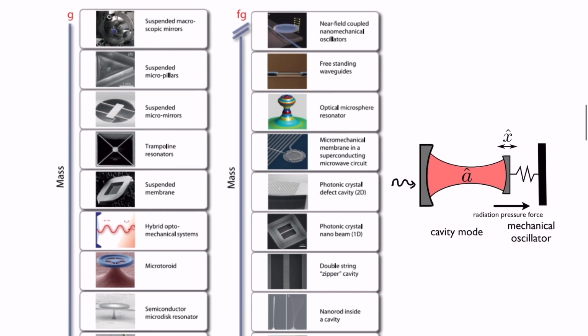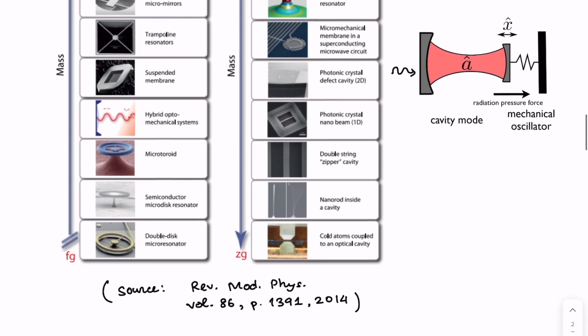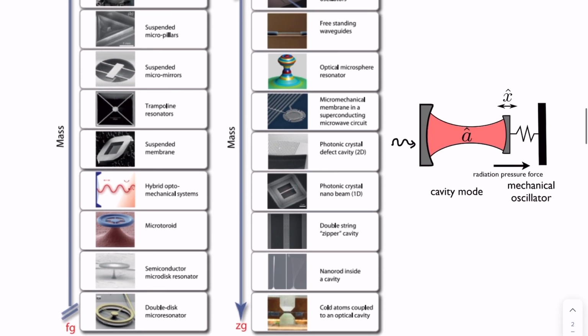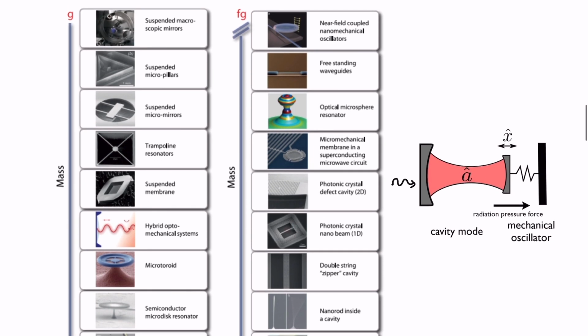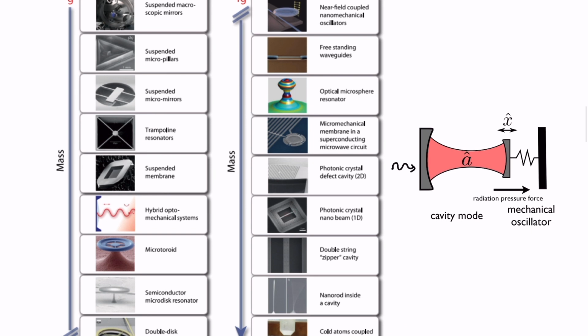For example, this figure, which I have taken from Reviews of Modern Physics, a review article on cavity optomechanics, shows very different looking systems, with masses ranging from gram to femtogram, and further from femtogram to zeptogram. That means about 10 to the power minus 21 gram or so. That kind of variety of systems can be captured by this simple looking model of two mirrors, one fixed and another movable.